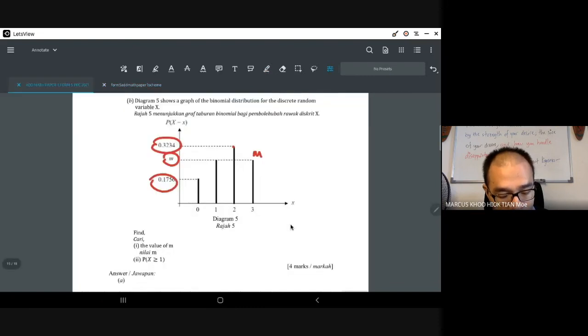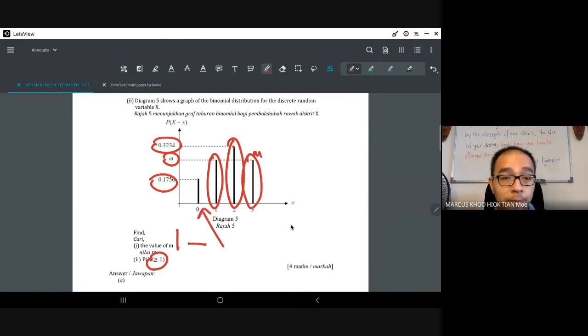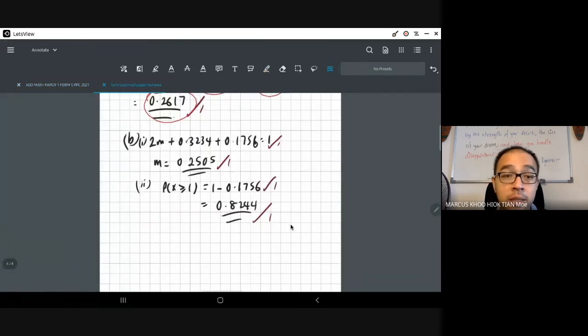Okay, then the second question is x is more than or equal to 1. That means I want this probability plus this probability plus this probability. Okay, or 1 minus this probability. Okay, either way as you can, I'm choosing the 1 minus method, I'll get 0.8244.